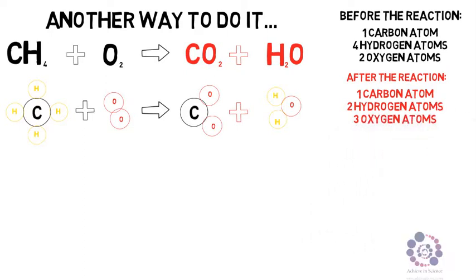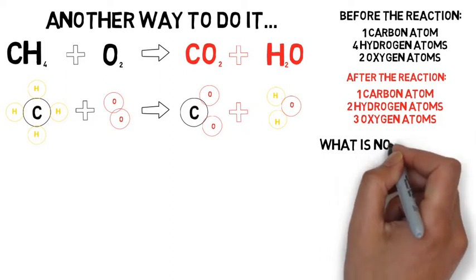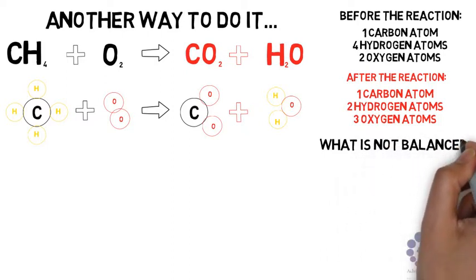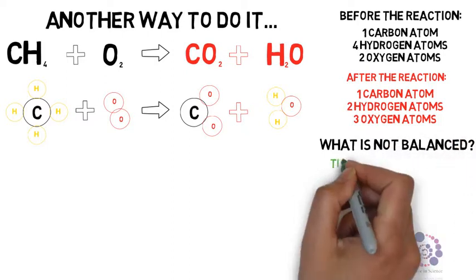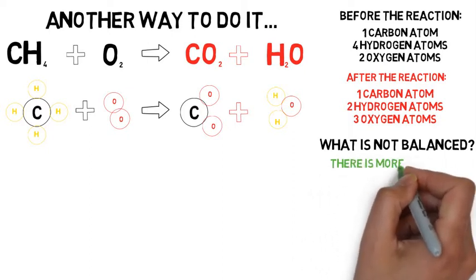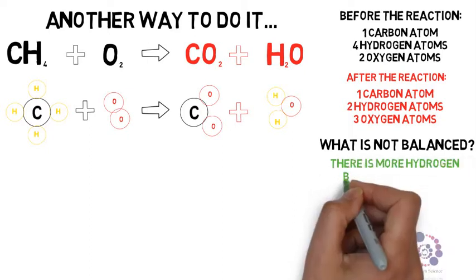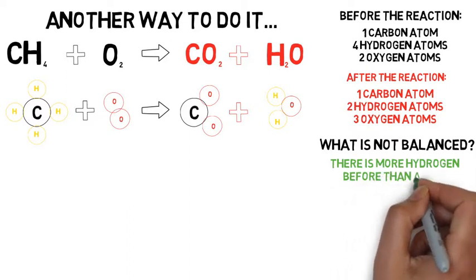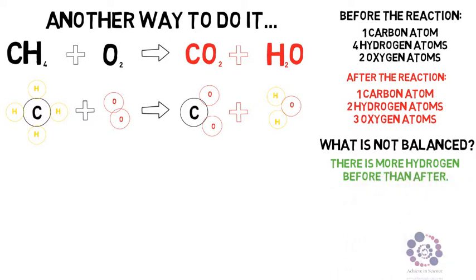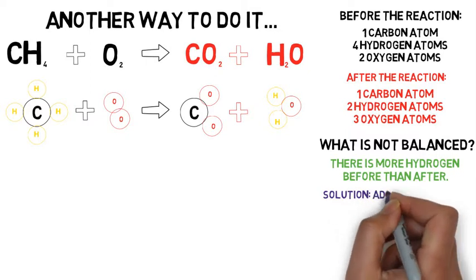Now the first thing that wasn't balanced that we noticed was the hydrogens, as there is more hydrogen before than after. Therefore the solution was to add another water molecule. Therefore this would produce more hydrogen to try and solve the problem.